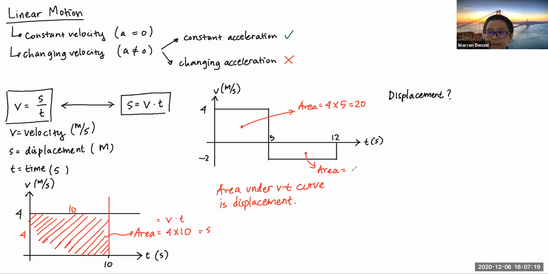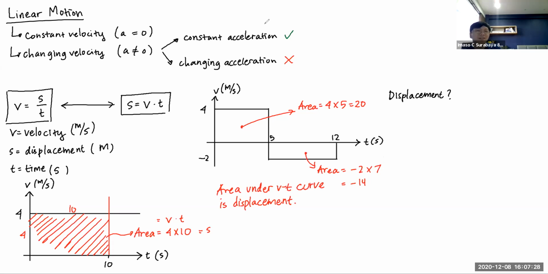So that means -2 times 7, so that is -14 because we're dealing with velocity. If you say area cannot be negative, the area is still 14, but what is negative is the displacement.